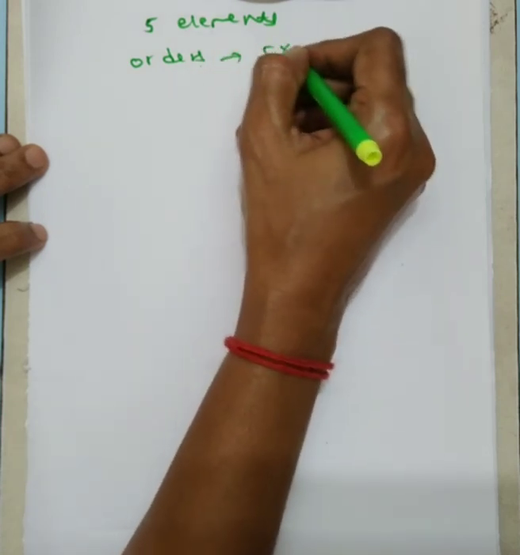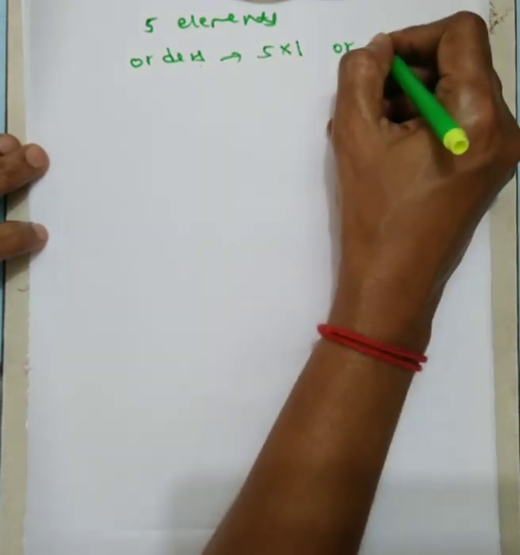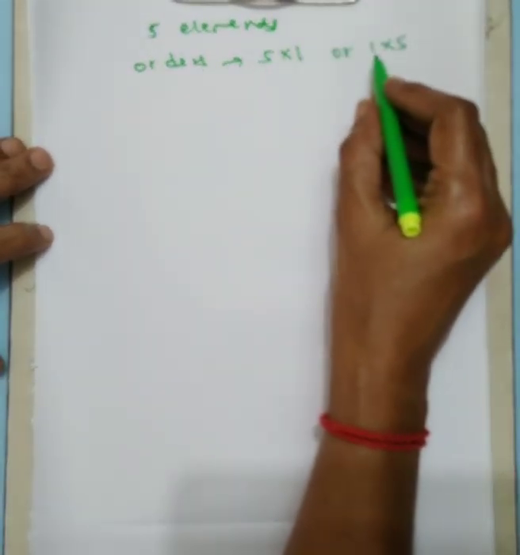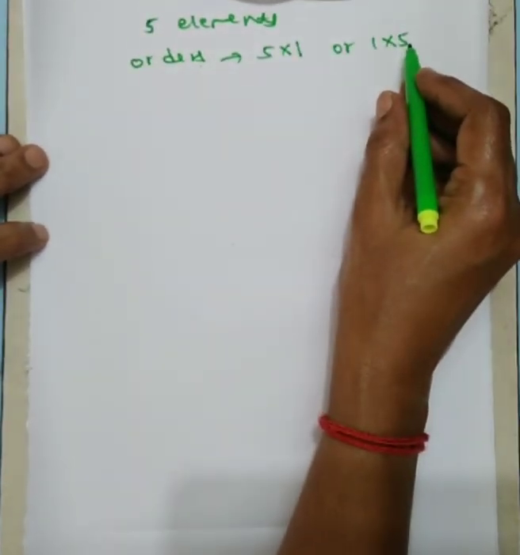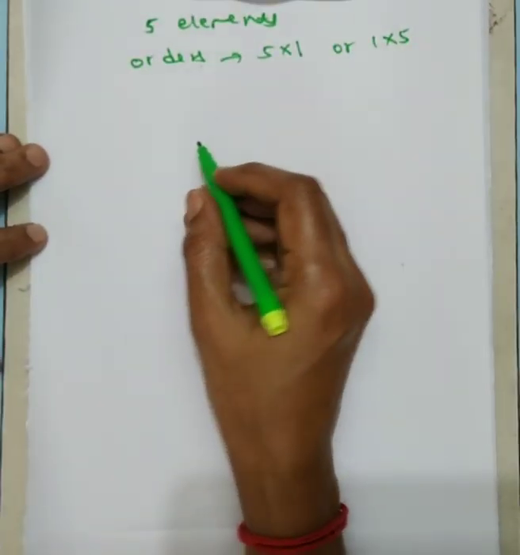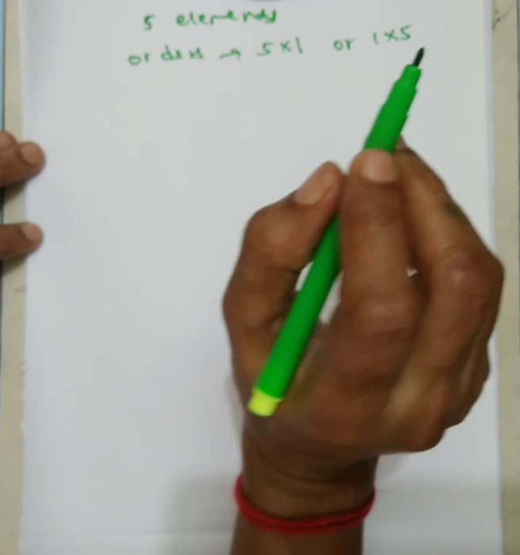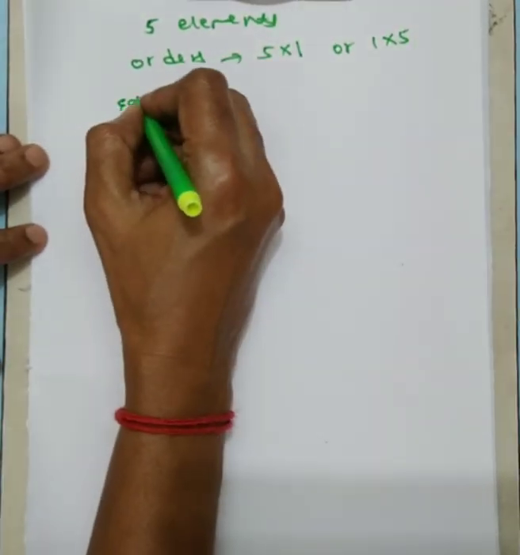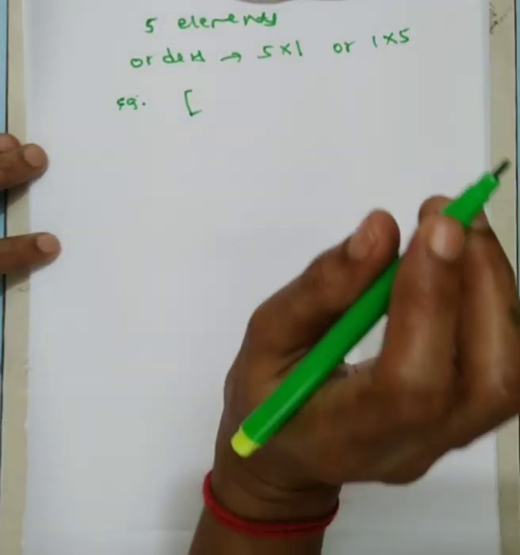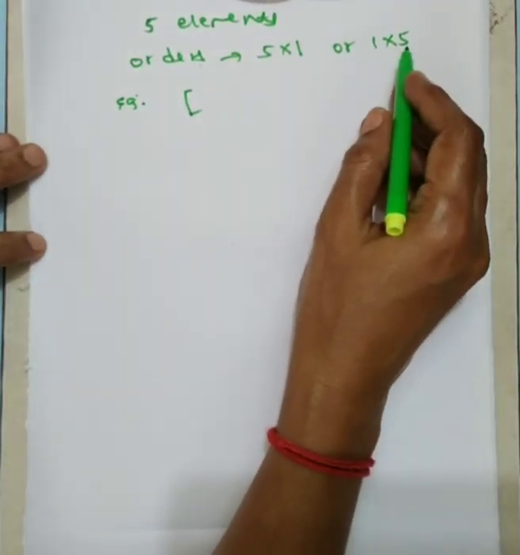It can be 5 by 1 or it can be 1 by 5. That is, 5 rows and 1 column, or 1 row and 5 columns. So these are the possible orders of the matrix if there are 5 elements in the matrix. Now you want me to write the elements.